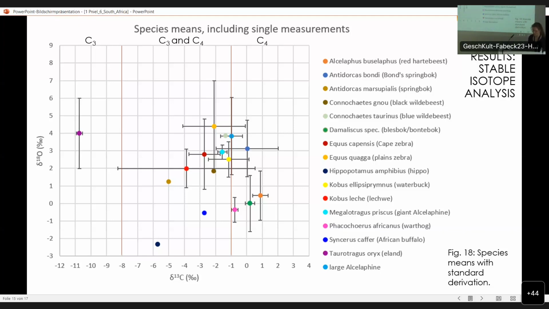And for the oxygen, it is a little bit harder to interpret, actually. What is very nice is that the hippo is really different from all other species, because they spend most of their time in water and are very water dependent. But some other water dependent species, which are the lechwe and the waterbuck, are just kind of in the middle of all other species, so this is not so clear.